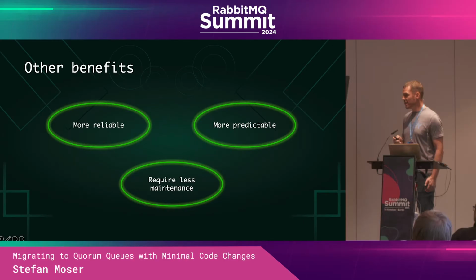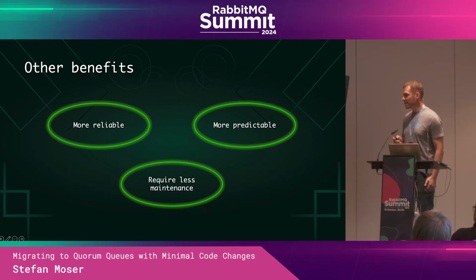Quorum queues are more reliable, as V talked about in his presentation. There are a lot of things that we can do to make sure that they operate as we expect. They're more predictable, as we just saw on the last slide. The Quorum queues had very predictable latency, as opposed to the classic mirrored queues that had high spikes. And they require less maintenance.